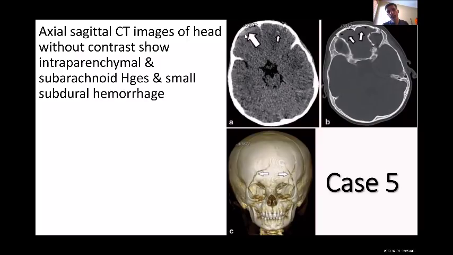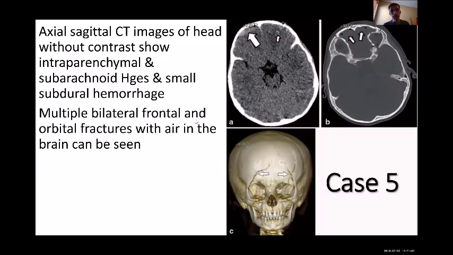You can see the shape is not lentiform, because it's within the arachnoid. If it's epidural or even subdural, it will take the shape of the skull, not the brain, because it's outside the brain. That's the way you differentiate it.